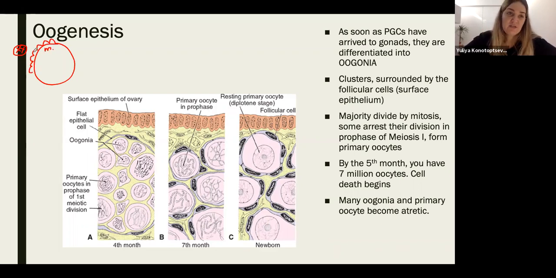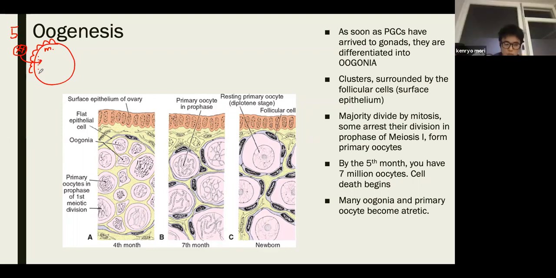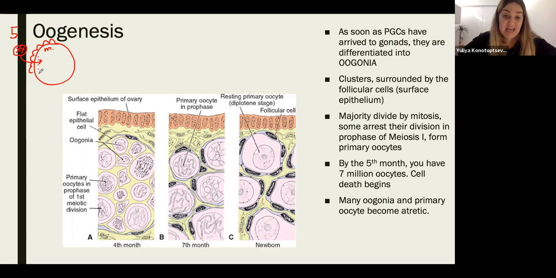We discovered that PGCs carrying XX also come into the gonad during the 5th week, also divide mitotically, and also align into sex cords. But what am I missing? Y chromosomes. Exactly. If there is no Y chromosome, there is no TDF, no testis determining factor. Without the TDF, the sex cords dissociate.